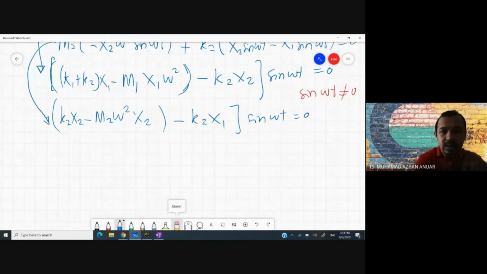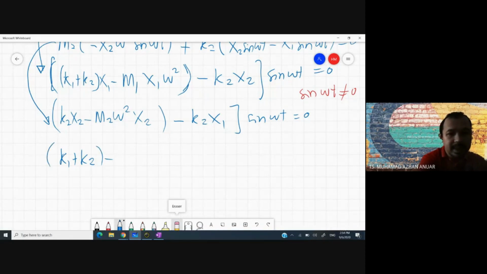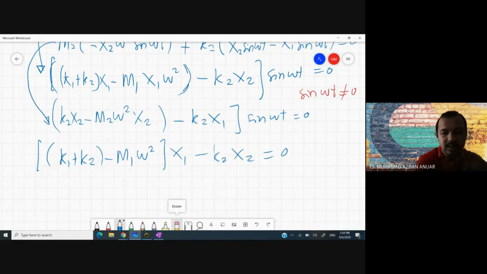be equal to 0. So in this case, let's write it in matrix representation: k1 plus k2, bracket, minus m1 omega square, the whole thing bracketed, that is x1, minus k2 x2 is equal to 0.